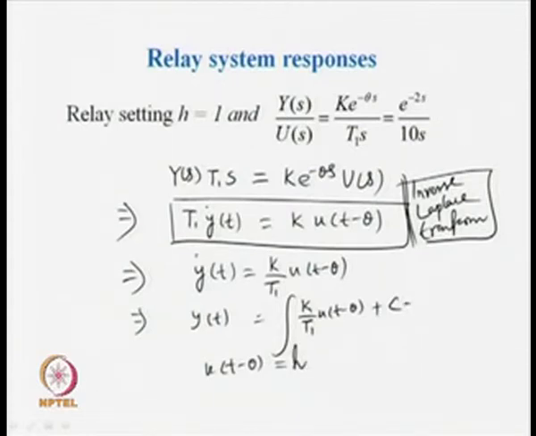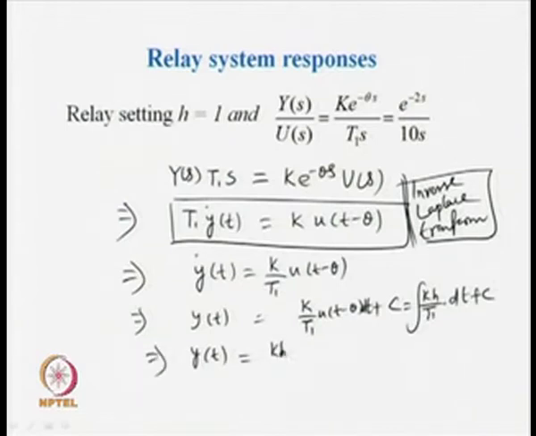In that case, that enables me to write the expression in the form of K h upon T1 integrated with respect to dt, plus c. So, this equation y(t) can be further written as K h upon T1, all these are constants, I will take out the integration of dt plus c, giving us K h upon T1 t plus c.